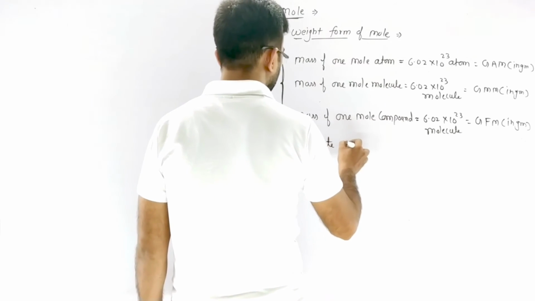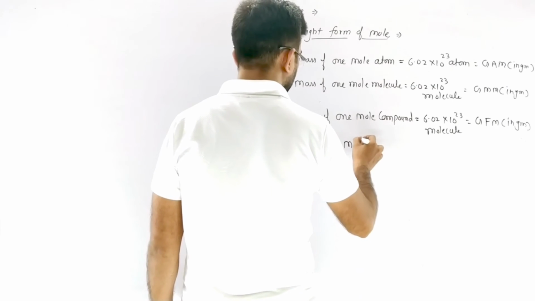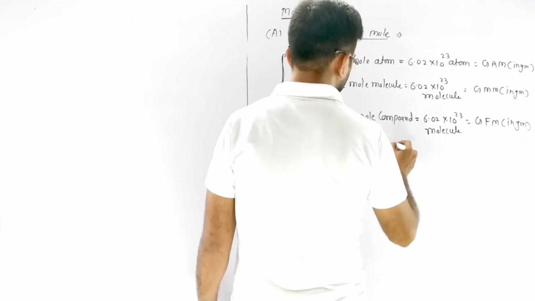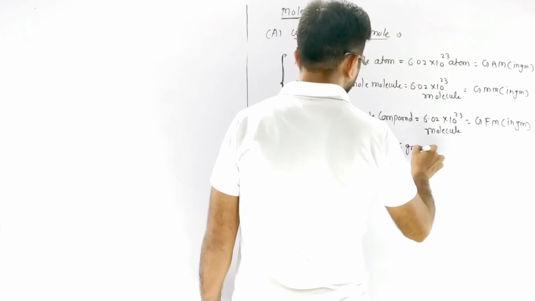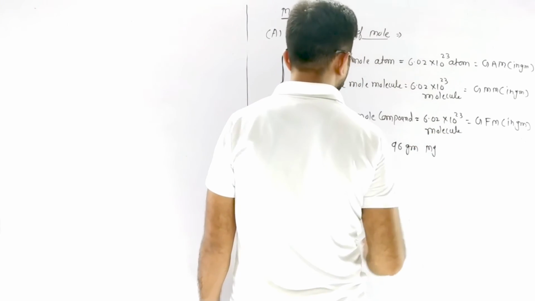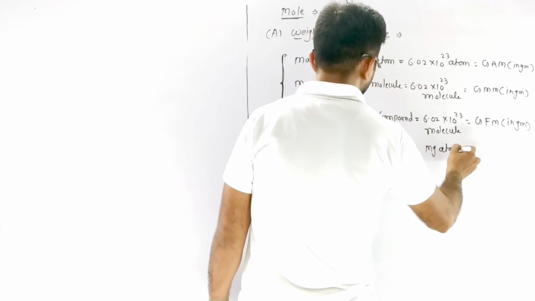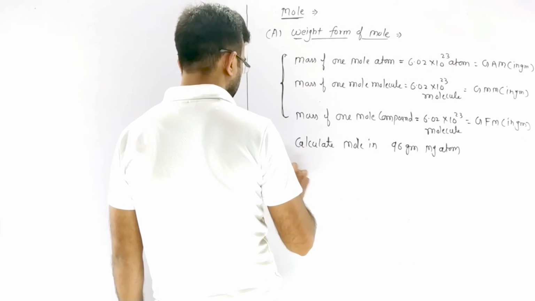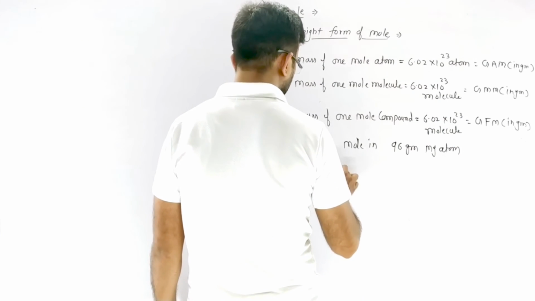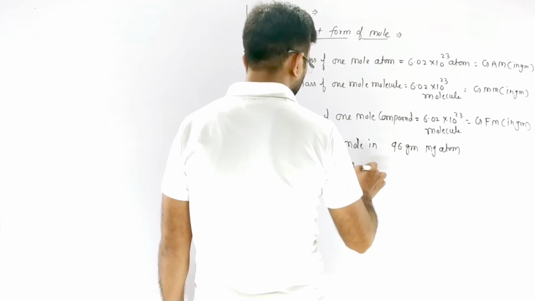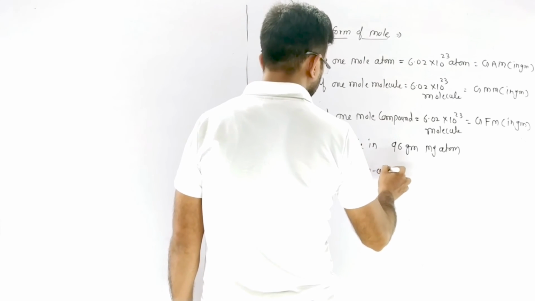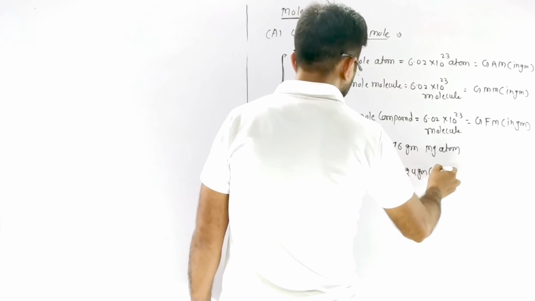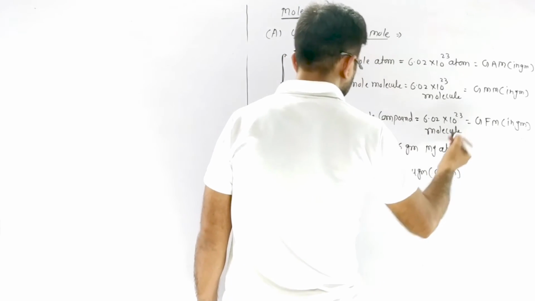Calculate the mole in 96 gram of magnesium atoms. So how do we calculate? We know that 1 mole of magnesium atoms has mass 24 gram, which is its gram atomic mass.